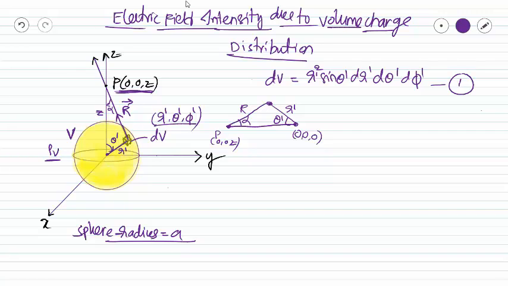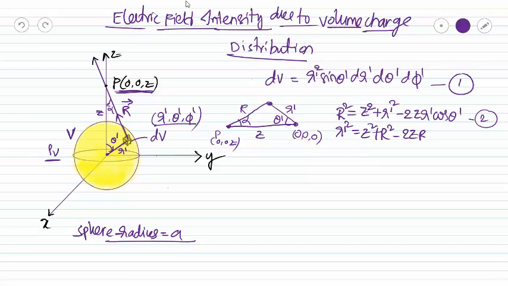Using this triangle and the cosine rule, r square equals z square plus r dash square minus 2 z r dash cos theta dash. That will be equation number 2. Similarly, r dash square equals z square plus r square minus 2 z r cos alpha. These are the two equations we can write from this triangle.